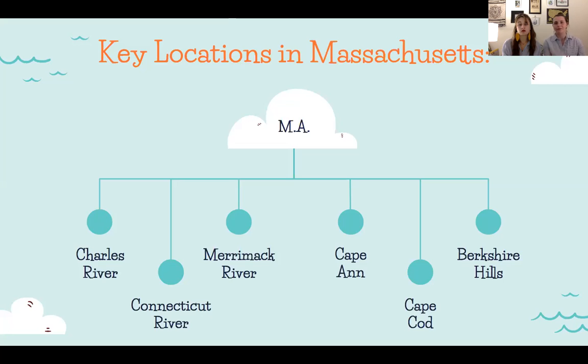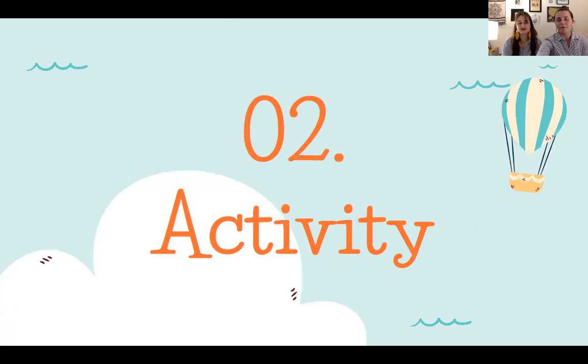We can also talk about what a hill is, which I defined as a lump of land, which is probably not the most descriptive definition of a hill, but most of them should know what that is. Then we'll go into our activity, which Lindsay will explain for us.